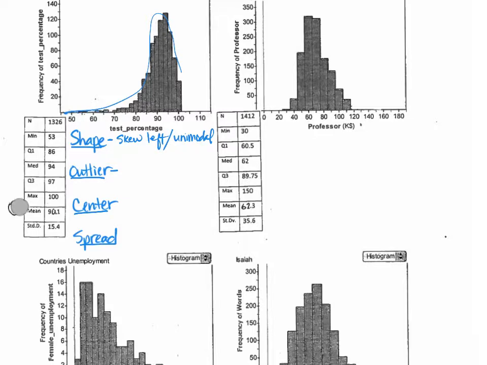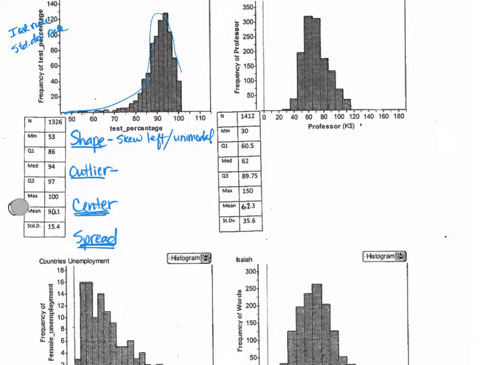So the question is, do I want to do a lower outlier fence with the IQR rule, or do I want to use the standard deviation rule? All right, well, that's going to depend on the shape. So let's actually jump to center and spread, and then come back to that outlier.